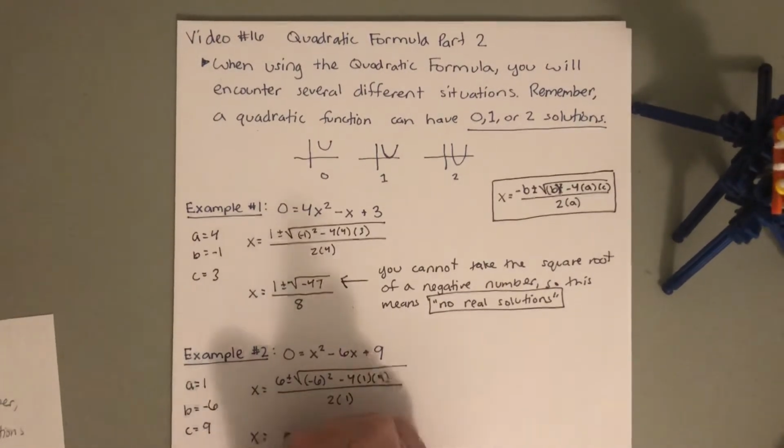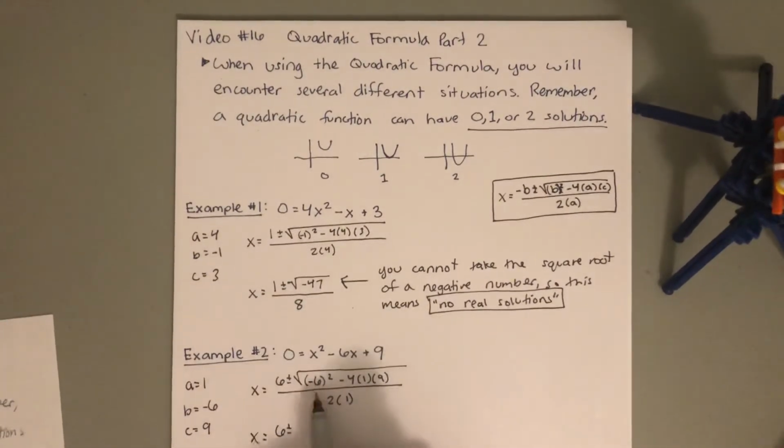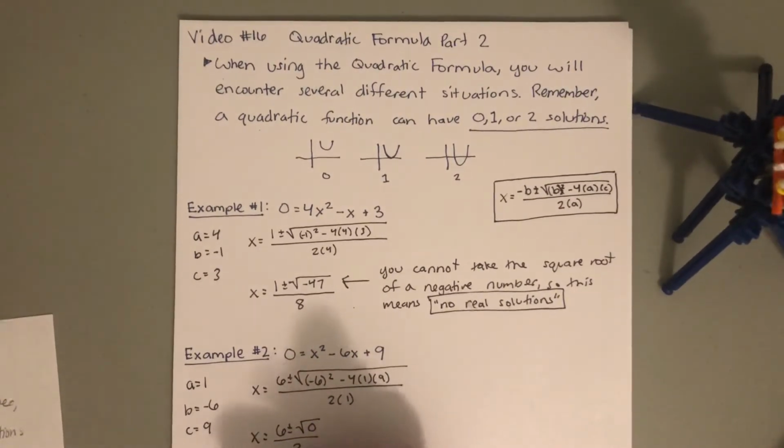Now, simplifying that, -6 times -6 is 36. 4 times 1 times 9 is 36. 36 minus 36 is 0, so the square root of 0 over 2.